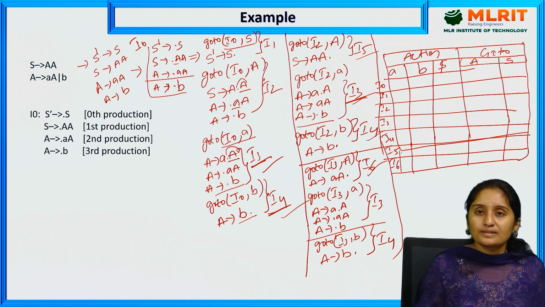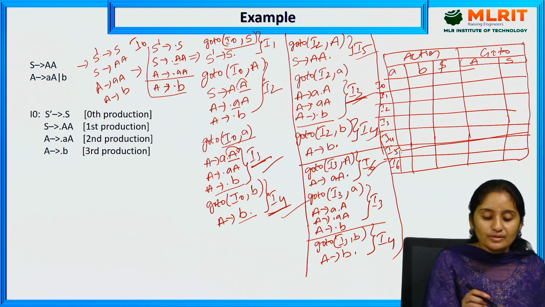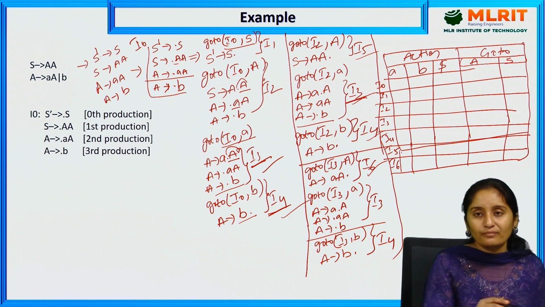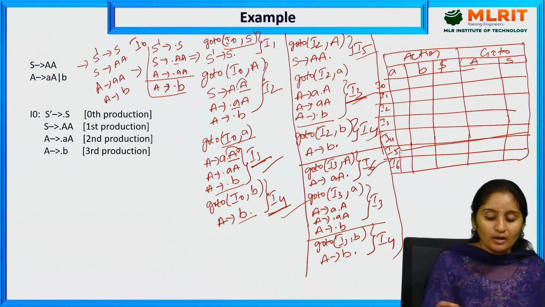So first we will construct the shift and the go to function, then we'll go for reduce.